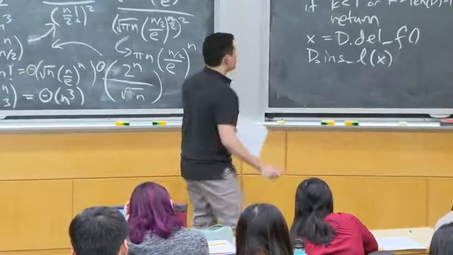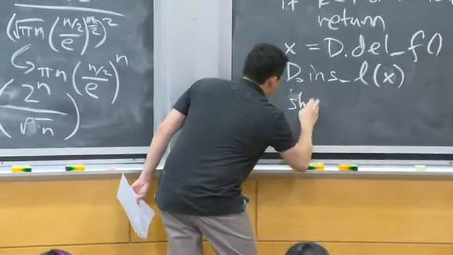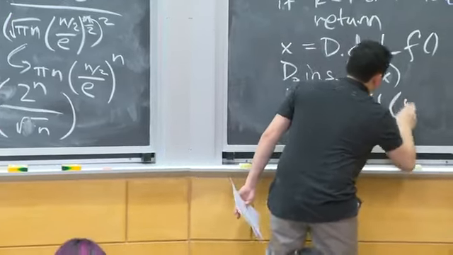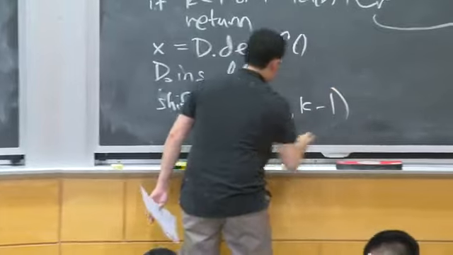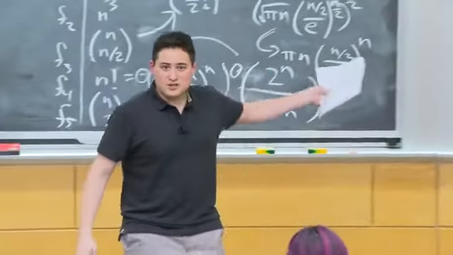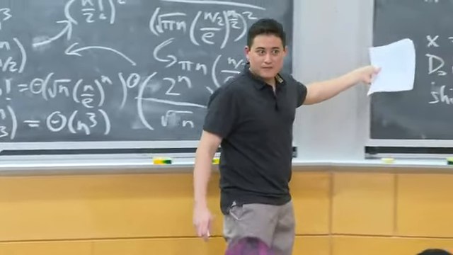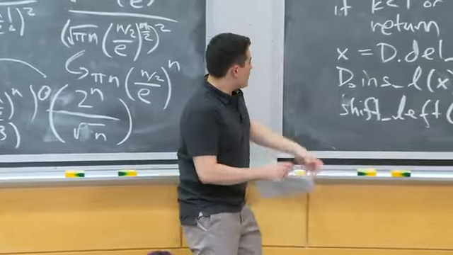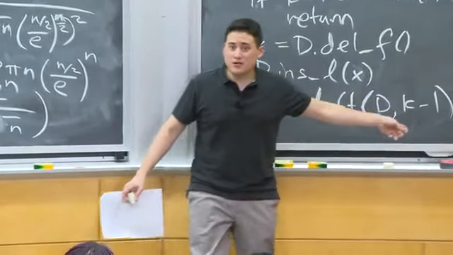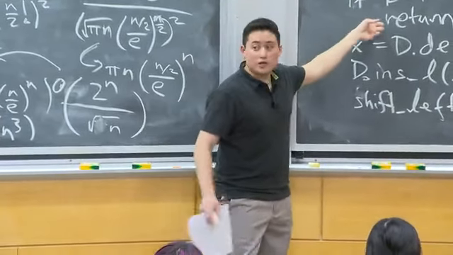Shift left D, comma k minus 1. Yeah. So shift left D k minus 1. OK? And then we can return. This thing doesn't need to return anything. It's just doing stuff to the thing, right? And whenever we make a call that gets k down to 0, we will terminate, right? Because we will return, right?